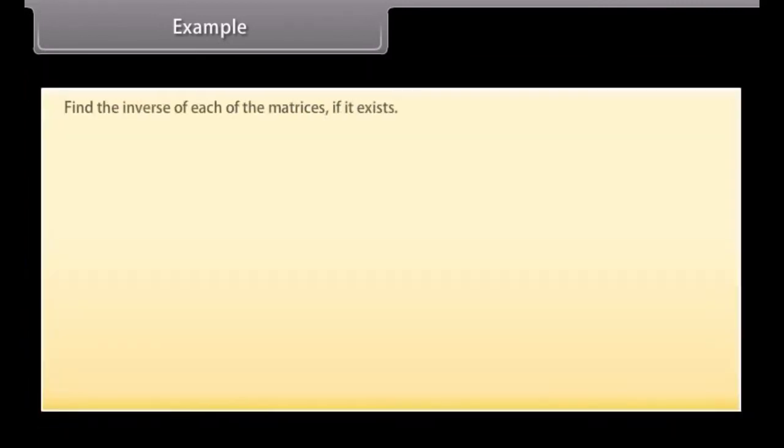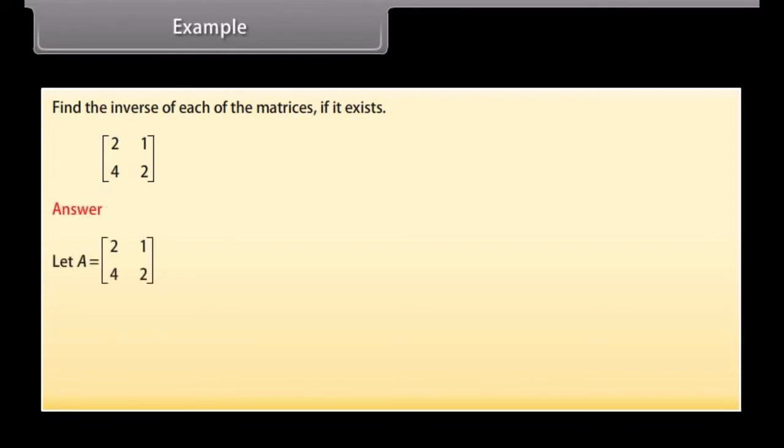Example. Find the inverse of the given matrix [[2, 1], [4, 2]]. Let the given matrix be A. We know that A can also be written as AI.